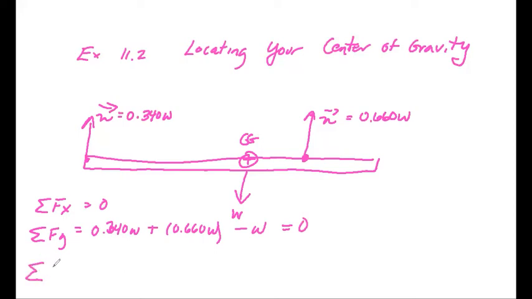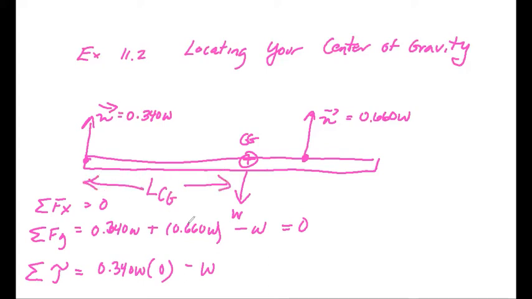Now let's do the sum of the torques. We're going to take the torque about this point. That's going to be equal to 0.340 weight times 0, because this is our point about which we're taking it, minus weight, and I guess we're calling this location of CG, weight times LCG, plus 0.660 weight.